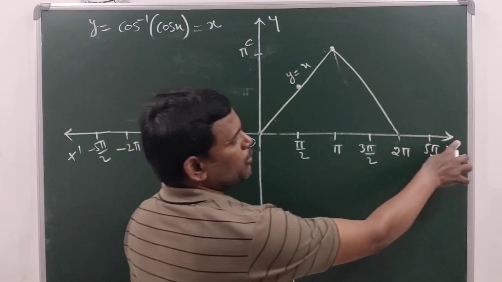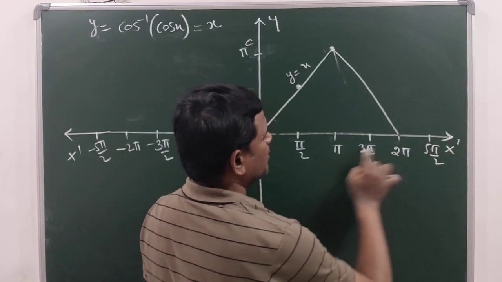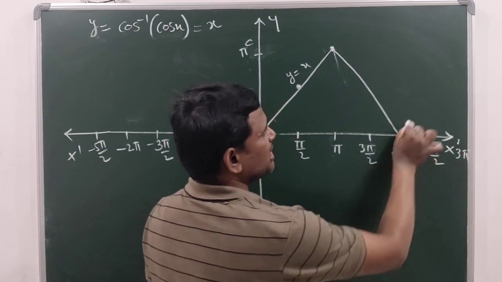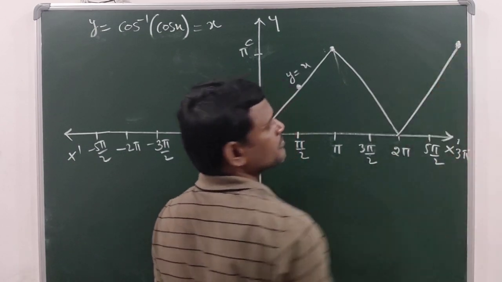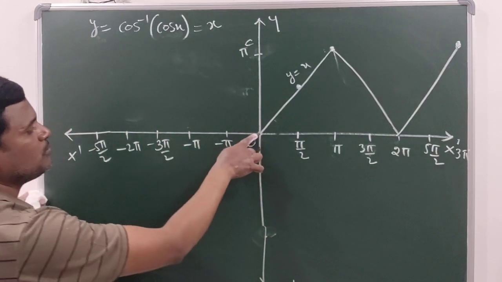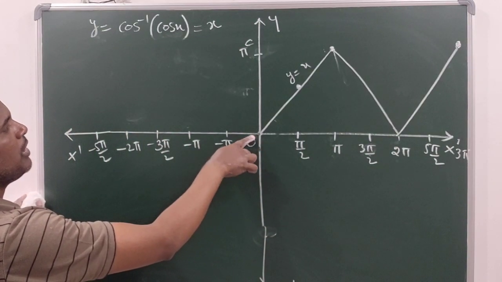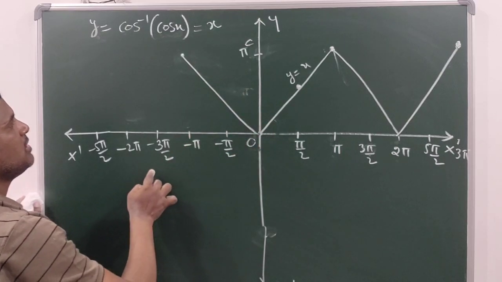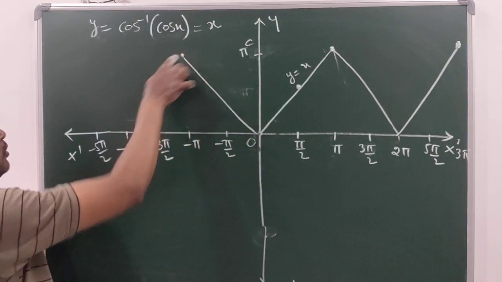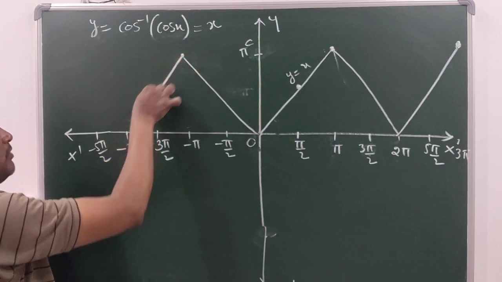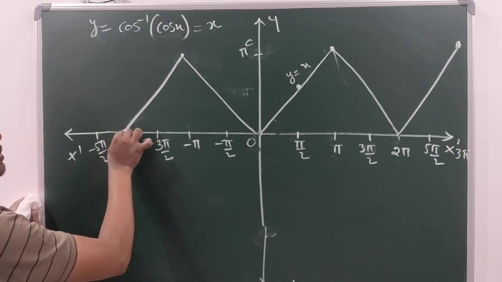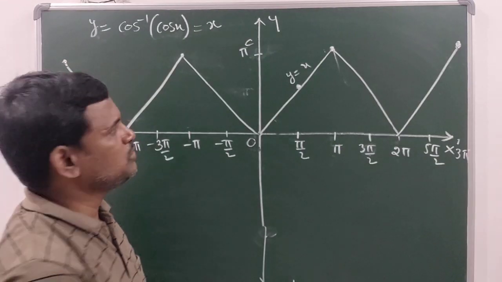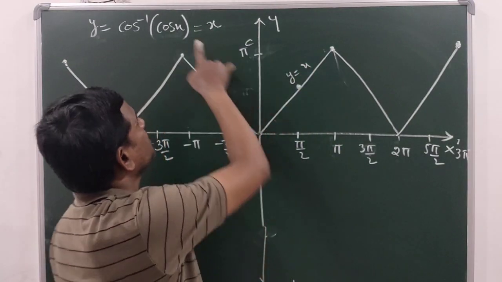Again 2 pi to 3 pi strictly increases. And this side also, 0 to minus pi, strictly increases. Again minus pi to minus 2 pi you will get like this, and so on.